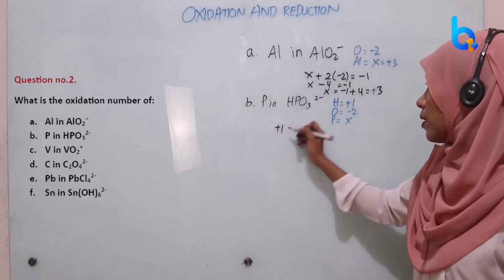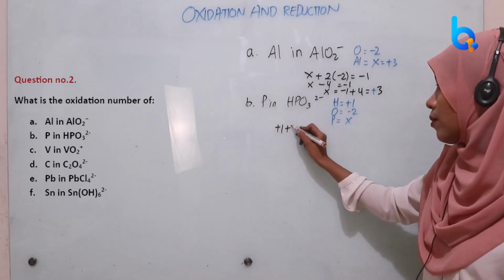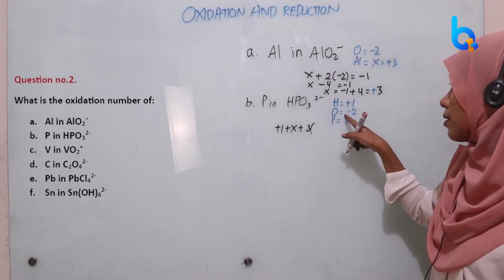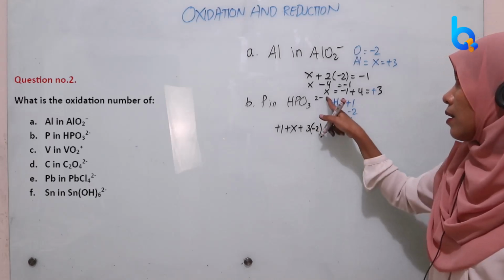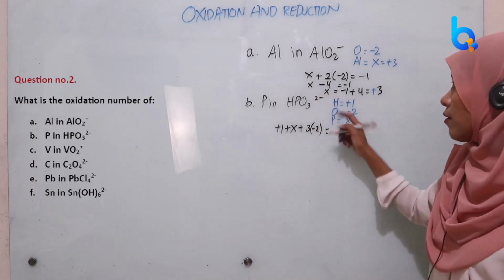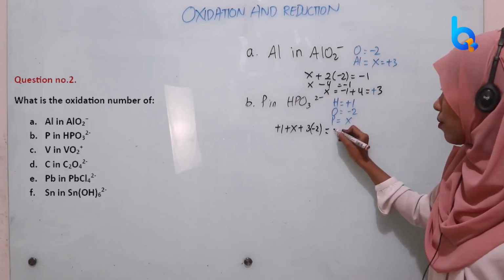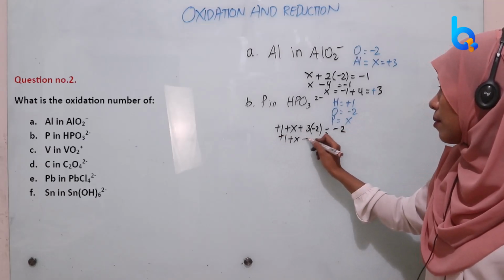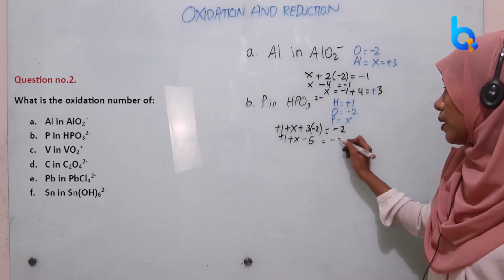Hydrogen here is +1. P we still don't know, X. We have 3 oxygen here, so 3 times -2, and the total overall charge will be -2. So +1 plus X minus 6 equals -2.